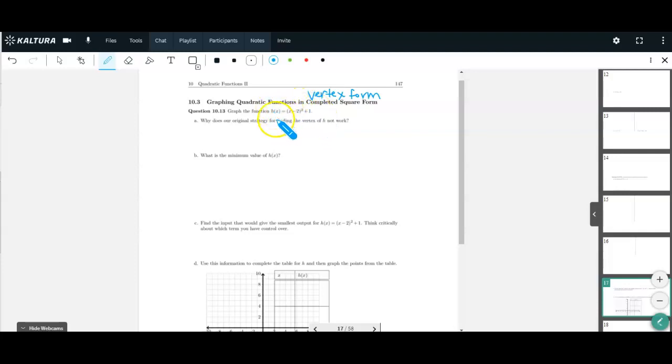If I was looking at this function here, h of x equals x minus 2 all squared plus 1, remember that these numbers tell us the vertex. When it's in this form, you're doing the opposite of what's inside the parentheses, so positive 2. And then for the y, it's just the number like it is there. So we know that the vertex of this parabola is going to be at 2, 1.